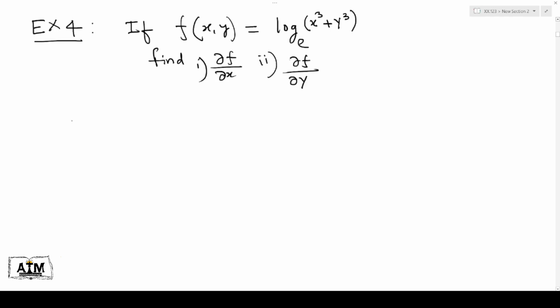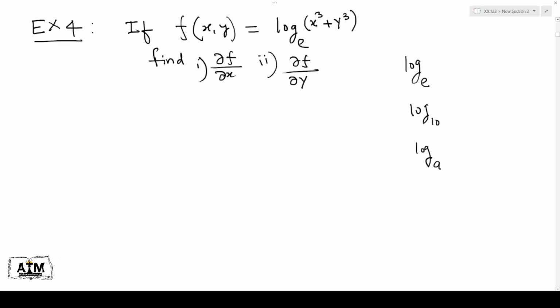Example 4: if f of xy equals log of x cube plus y cube to the base e. Whenever logarithm questions are given to you, always pay attention: is it base e, or base 10, or any other base? This is very important.